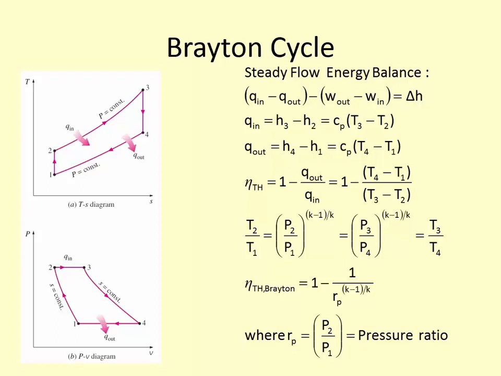So this pressure ratio, P2 over P1, allows us to calculate the thermal efficiency for the Brayton cycle just using the knowledge of P2 and P1 and this k value for air, which is usually like 1.4.